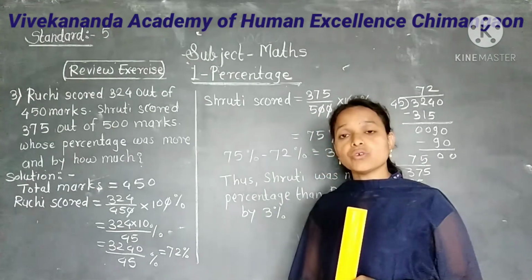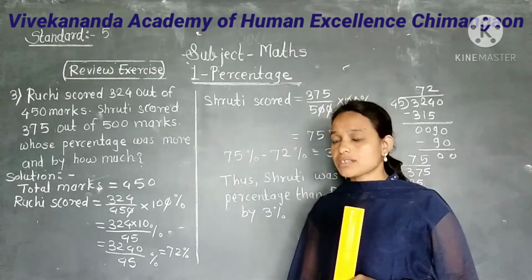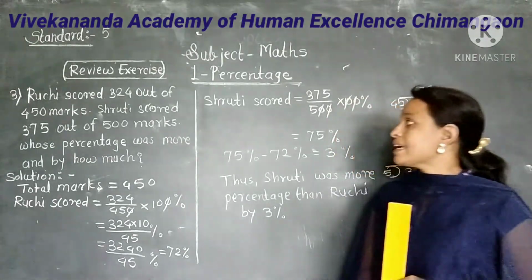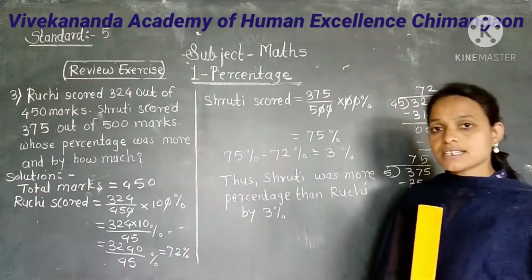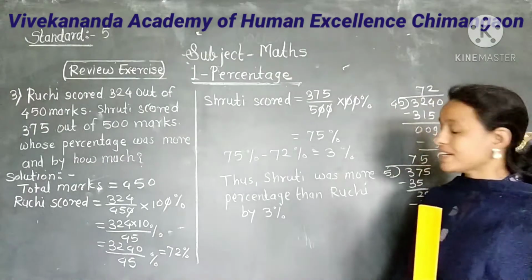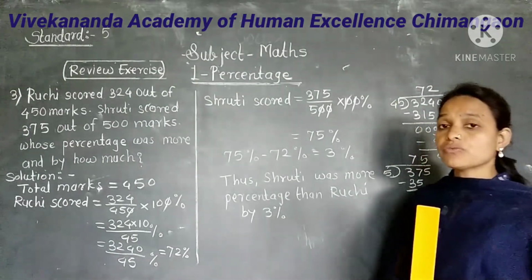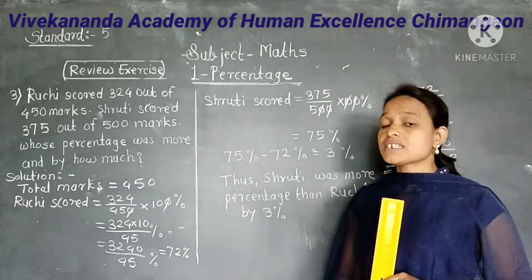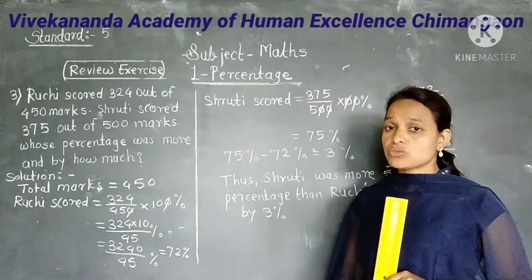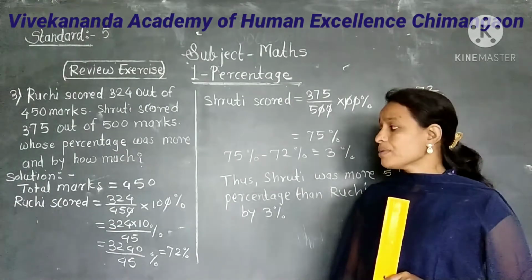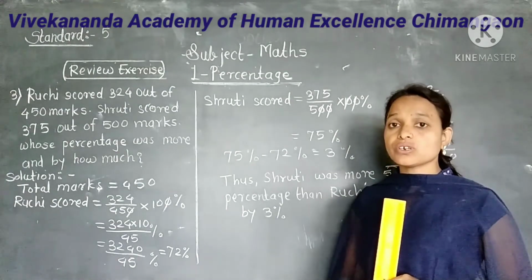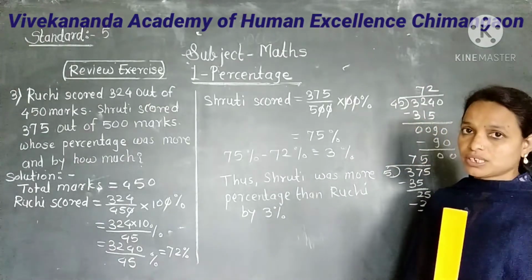Now Ruchi scored 324 marks out of 450 and Shruti scored 375 marks out of 500. So first student, we have to find whose percentage was more. So we have to find out what percentage Ruchi and Shruti got.